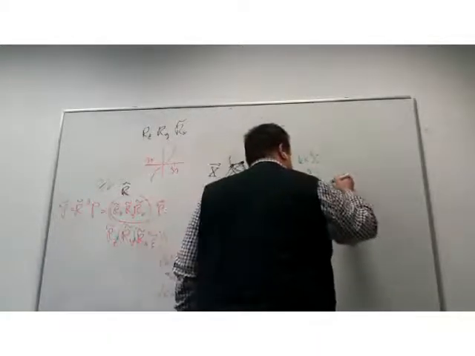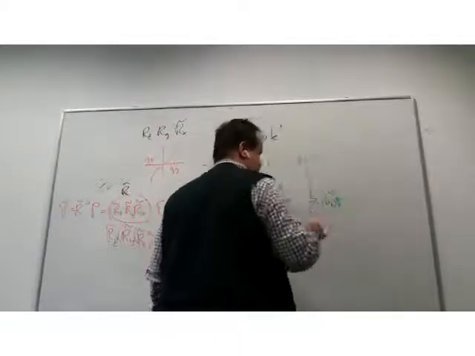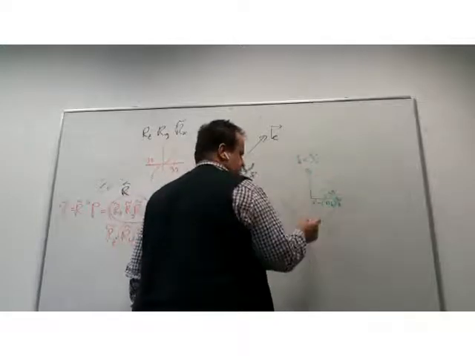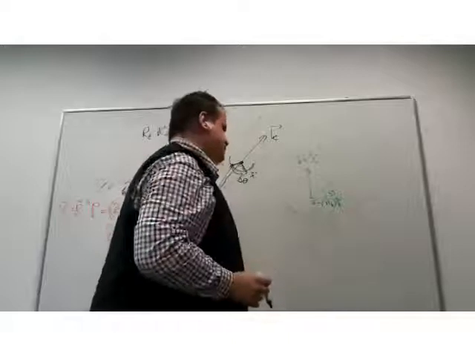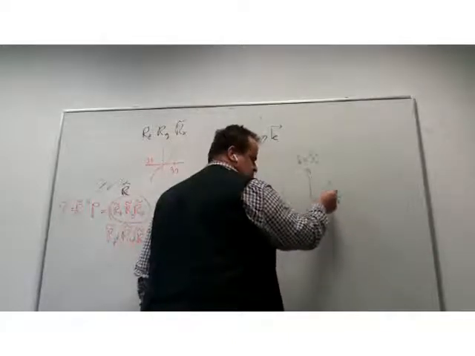If I have that cosine equals 45, for example, this is basically just now this vector, scaled by the cosine of the angle.